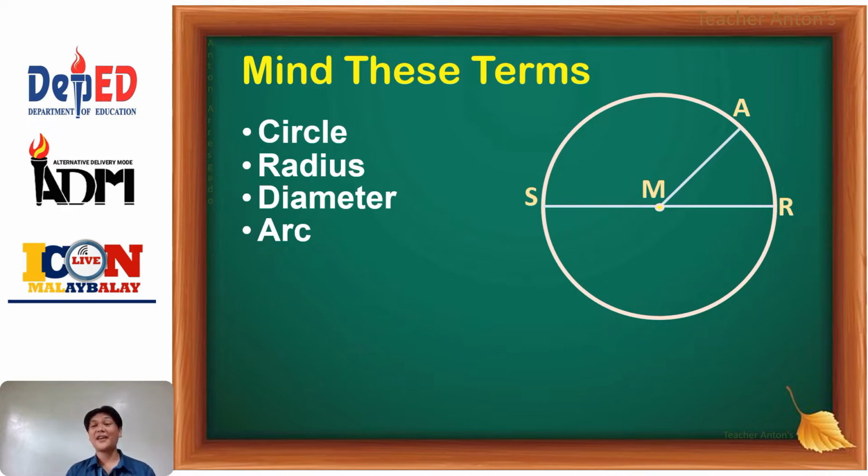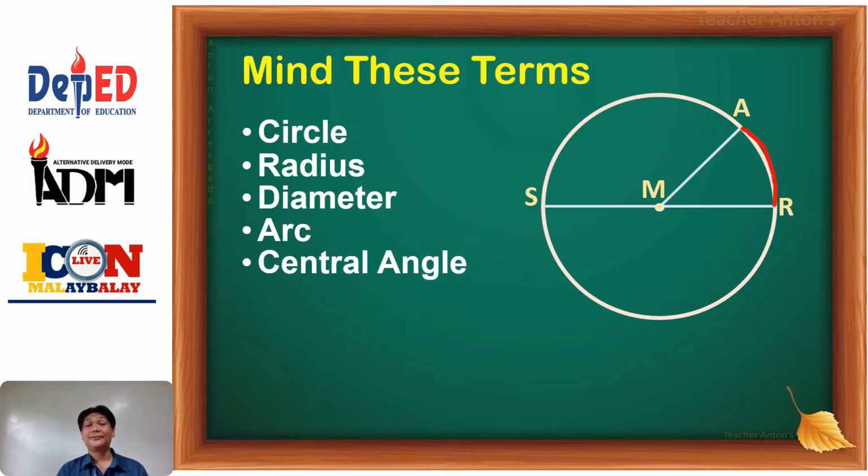Now we can see there are many arcs in the figure. Let's take a look at the arc AR. The arc AR is just an example of the minor arc. Another minor arc is SA, and of course a semicircle SR.